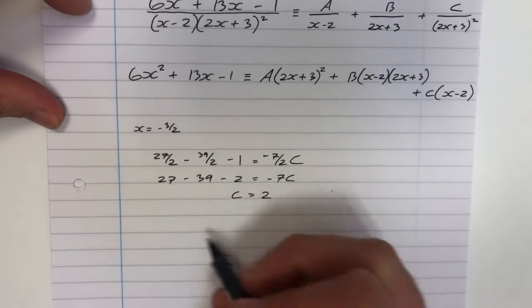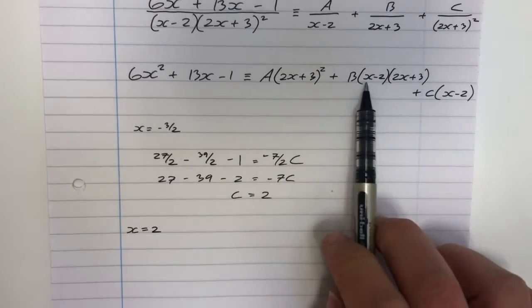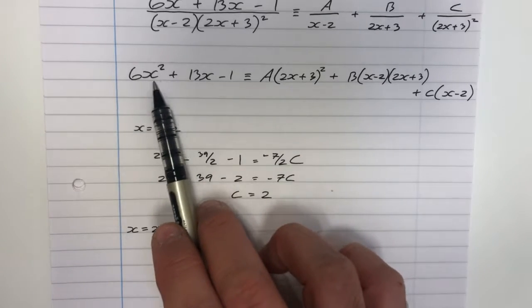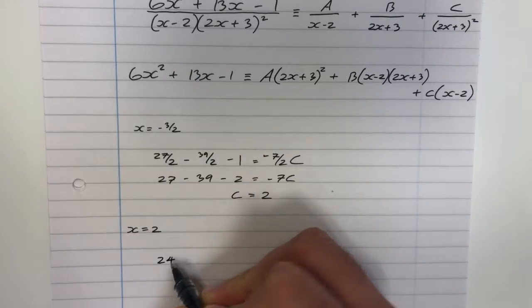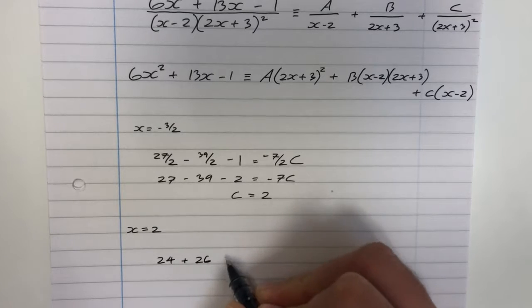The next obvious choice is to choose x is 2, because that will make this bracket 0 and this bracket 0. So 2 squared is 4, 4 times 6 is 24, plus 2 times 13, so it's plus 26, minus 1.